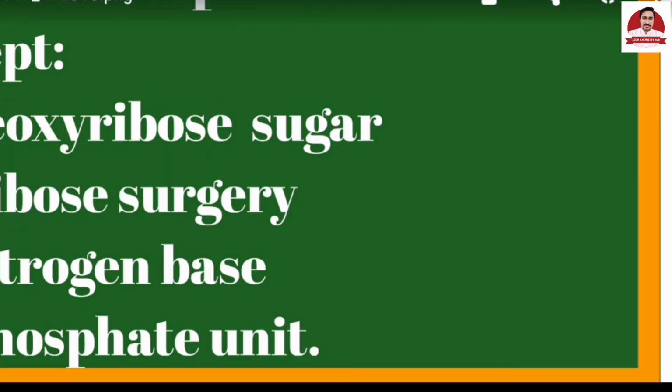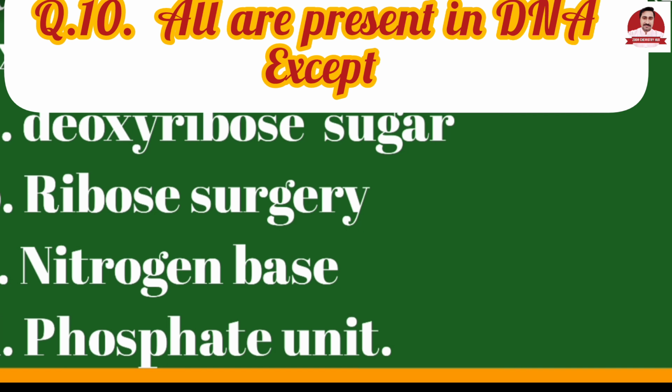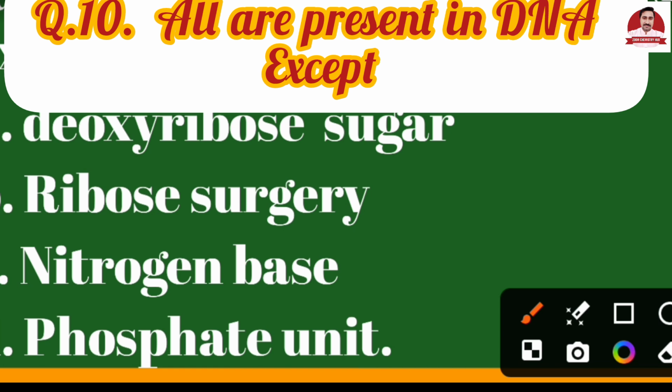Next question, question number 10. All are present in DNA except option A deoxyribose sugar, option B ribose sugar, option C nitrogen bases, and option D phosphate unit. And as we know that DNA molecule consists of a sugar which is the deoxyribose sugar, also nitrogen bases, and a phosphate unit too.